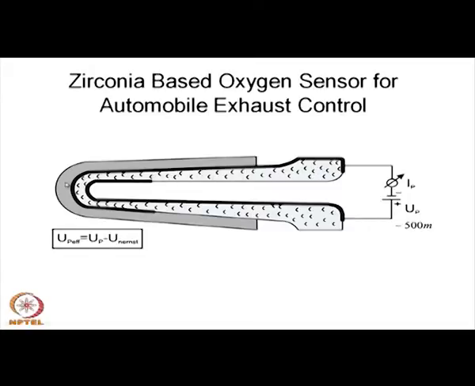It has been fabricated in the form of a thimble, a small length one end closed tube, but not of uniform cross section or wall thickness, slightly varying wall thickness. This is of course for mechanical advantage, and you have a slightly thicker wall towards the cold end, whereas at the hot end it is slightly thinner.